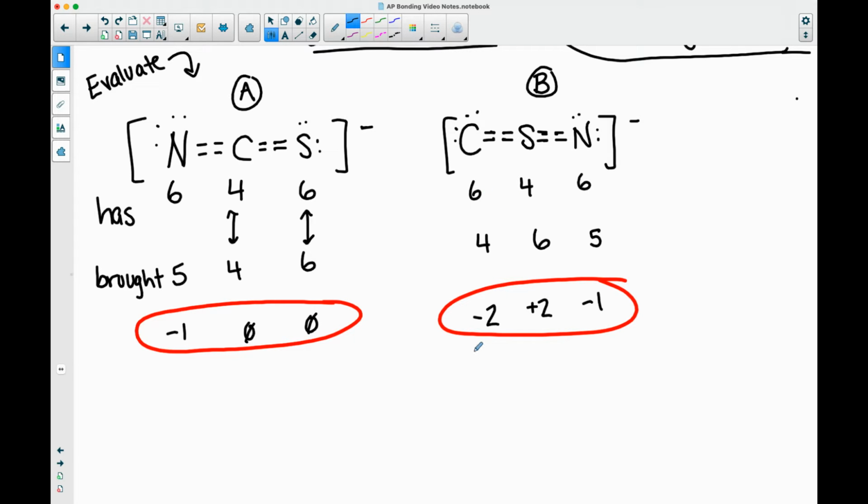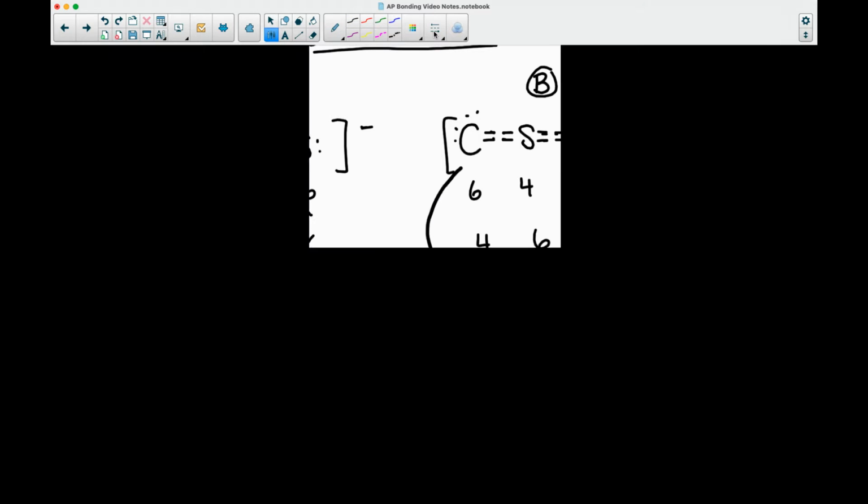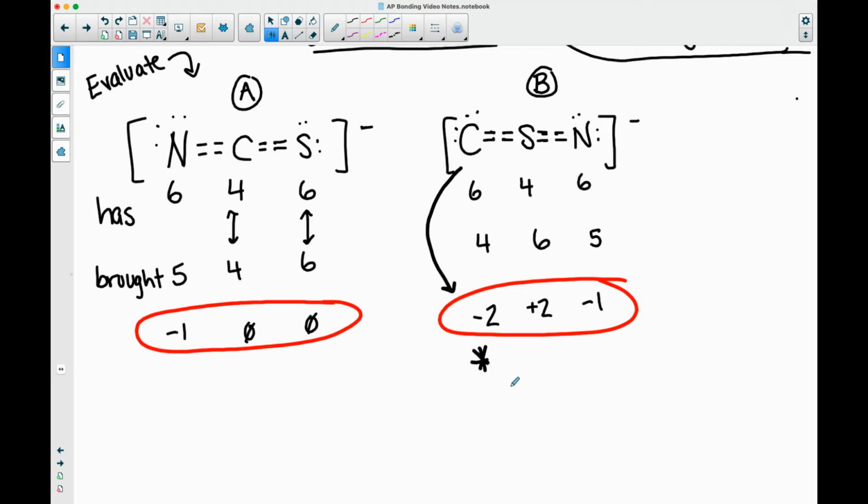But what we can also see on structure B, carbon is given the most negative formal charge. The most negative formal charge should be on the element with the highest electronegativity, which in this case is nitrogen. So carbon would not have a more negative formal charge than nitrogen because nitrogen has the higher electronegativity.